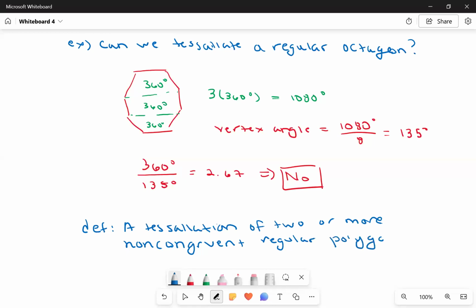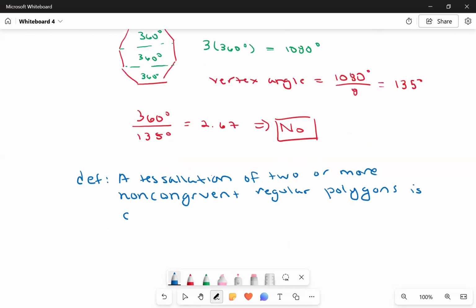We are using polygons that are regular right now. It doesn't have to be, but we're making our life a little bit easier that way.